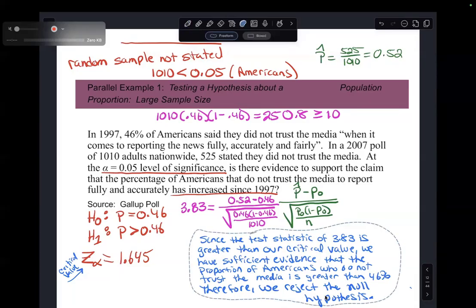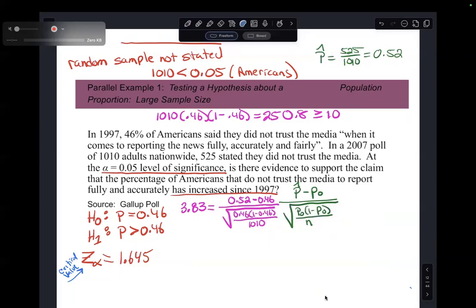All right. Get rid of this. So with the p-value, I'm going to look for the probability that my test statistic is greater than or equal to 3.83.